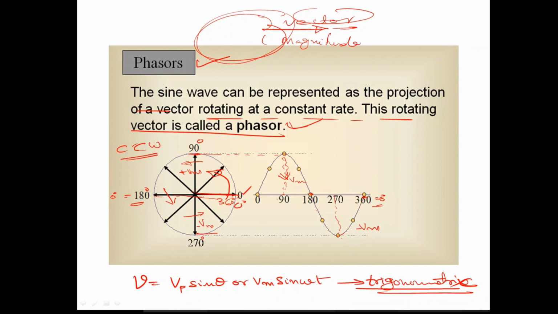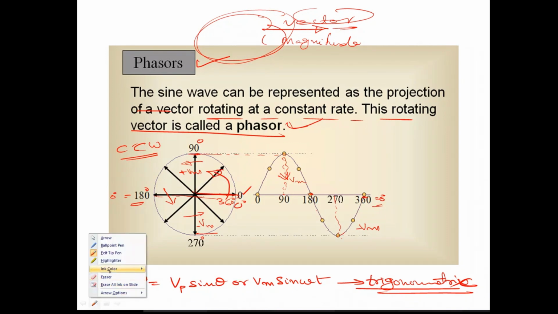Therefore, a sinusoidal waveform can be represented as a phasor or a vector rotating in the counterclockwise direction. This we call the phasor expression of a sinusoidal waveform. And the advantage of using this phasor is that at any point of time, the instantaneous value of this phasor can be determined by finding its projection on the y-axis.